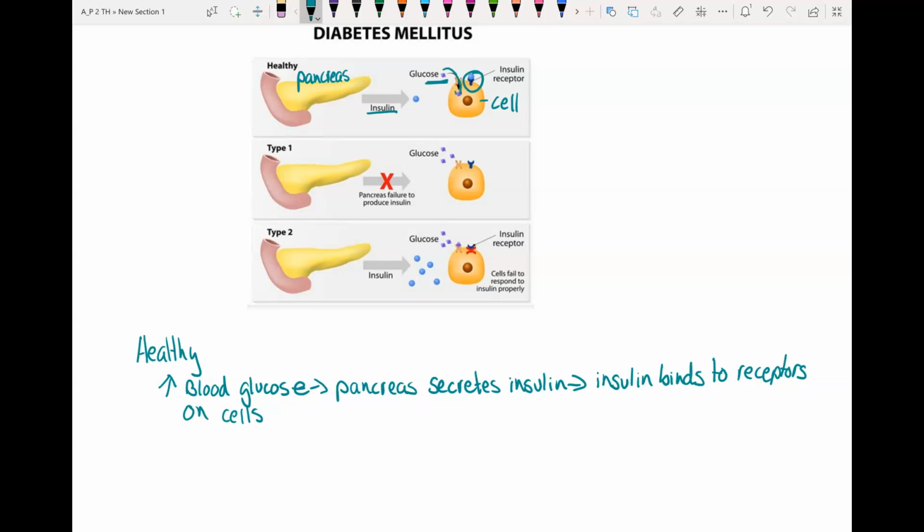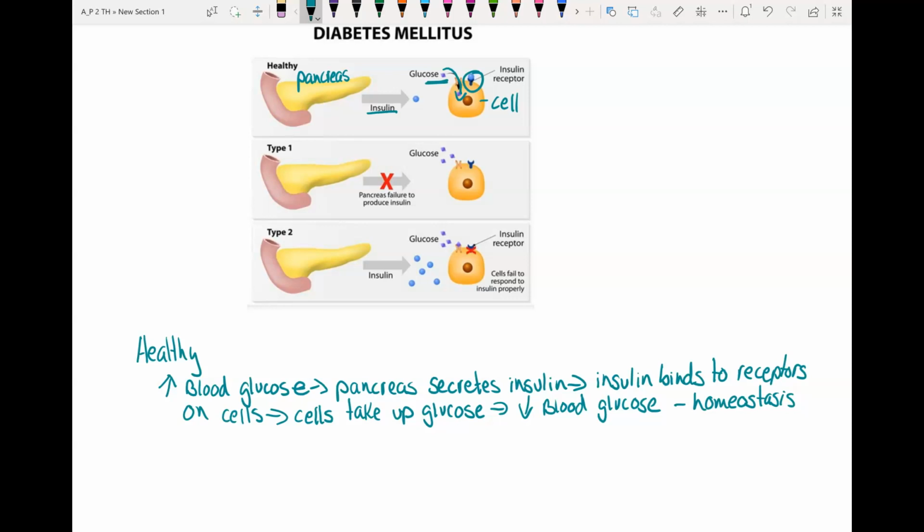So here you can see the glucose goes into the cell. As a result of taking up the glucose, the blood glucose level goes down, and because it goes down now, you are in homeostasis. So this is what happens every time you eat.